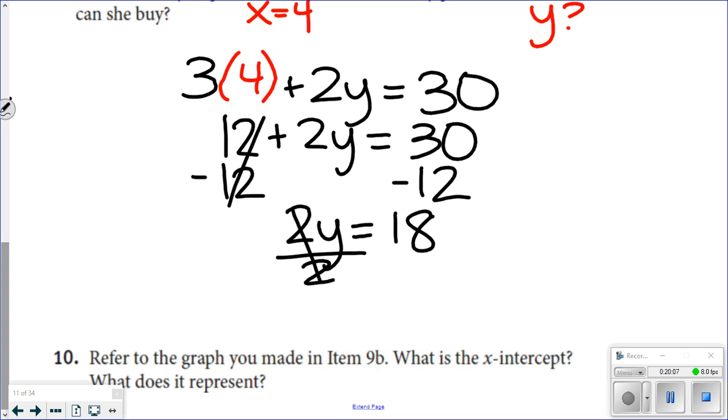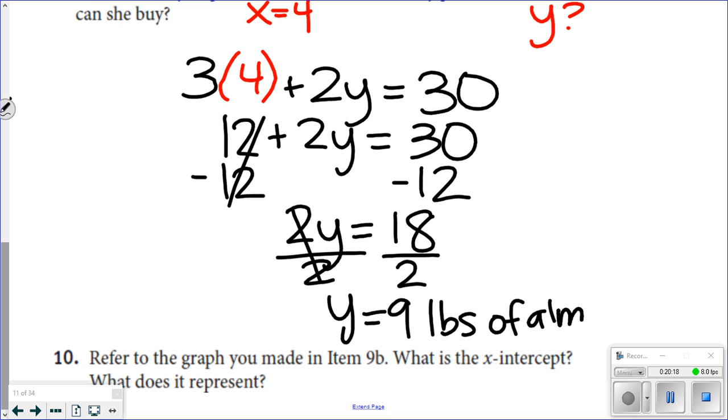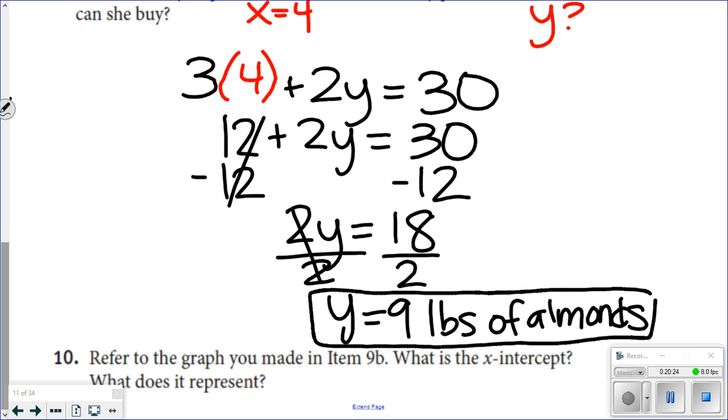Divide both sides by 2. Y equals 9. 9 what? 9 pounds of almonds. So she buys 4 pounds of walnuts, 9 pounds of almonds, and she spends all of her money.